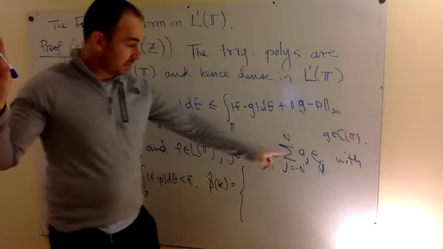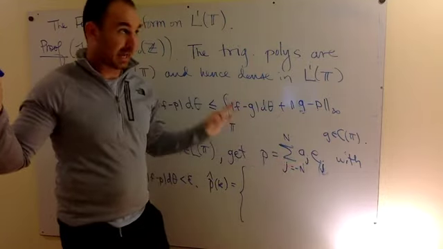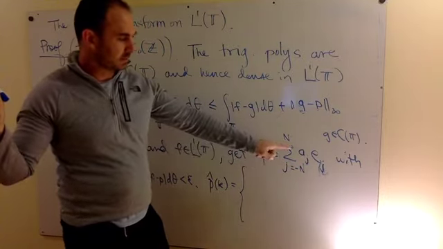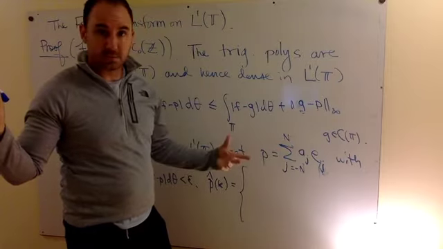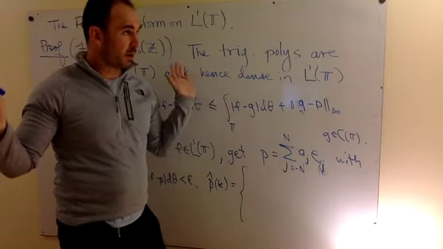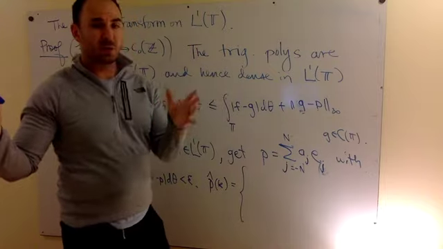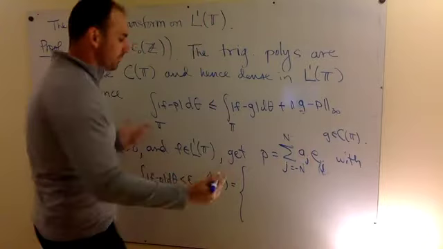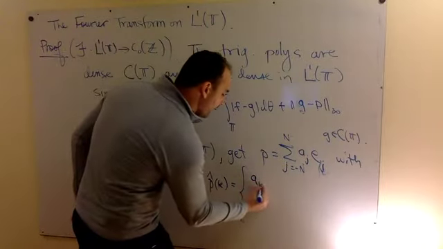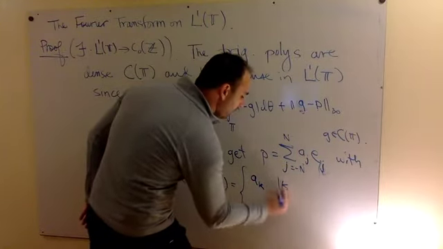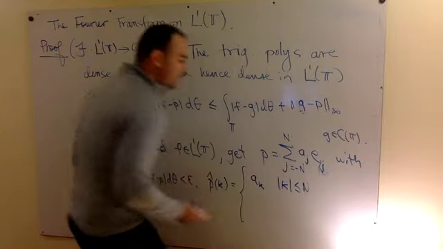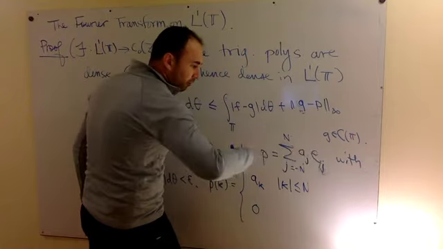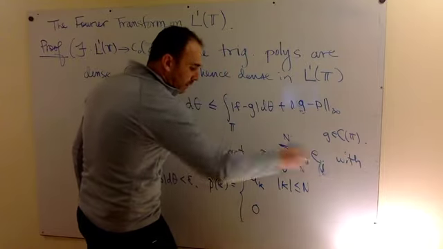So I integrate this against e_k, e to the minus k technically. Well, by the orthogonality of the e's, when I distribute through the integral, I'm going to get a bunch of zeros except for the one that matches up with the coefficient. And so I get a_k if k is less than or equal to n, and if k is bigger than n, I get 0, because by orthogonality all of these will integrate to 0.